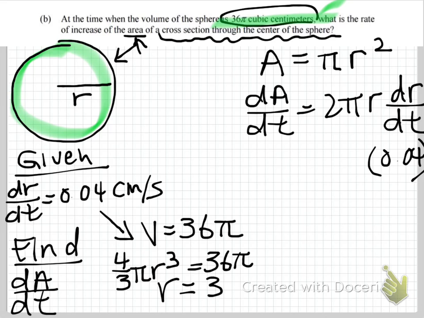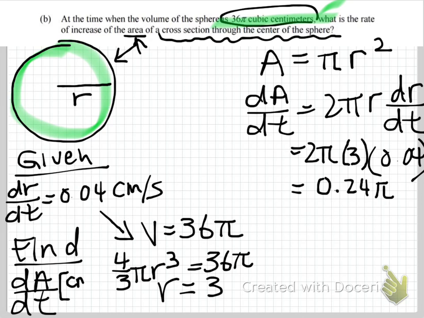So let me plug that into my equation over here. That means 2 pi r, where r is 3, and dr over dt equals 0.04. So 2 times 3 is 6, and 6 times 0.04 is 0.24 pi. Oops, I forgot to write the units in my find. It's area, so it should be centimeters squared per second.